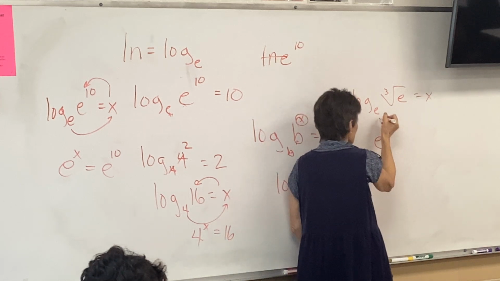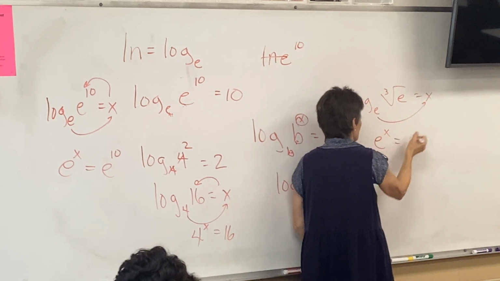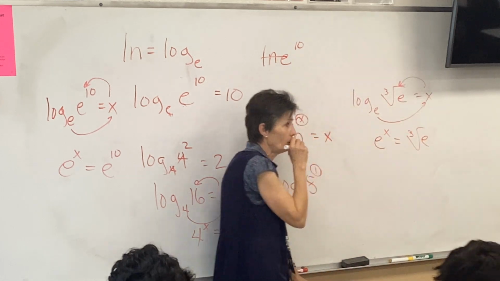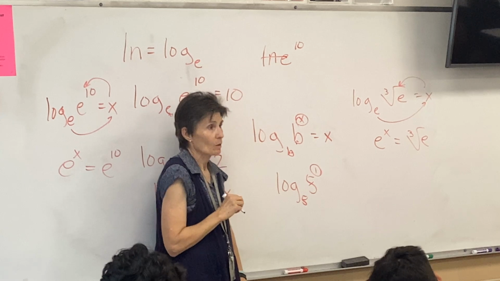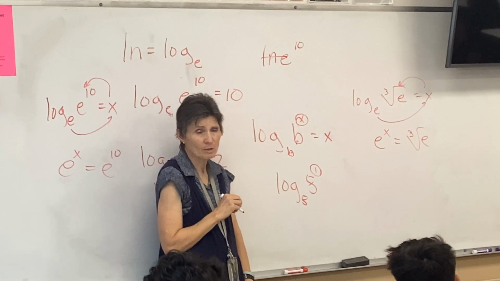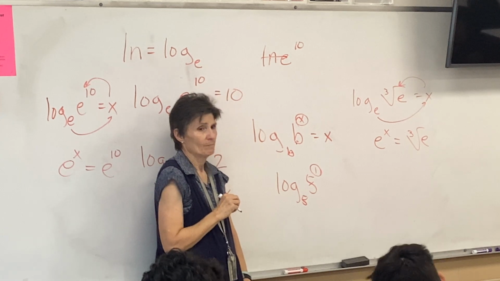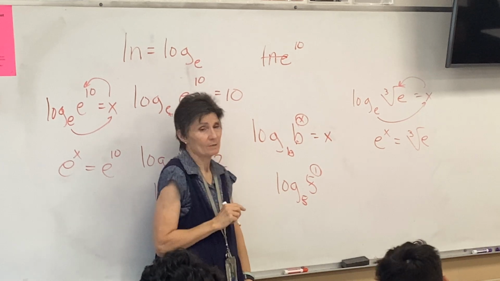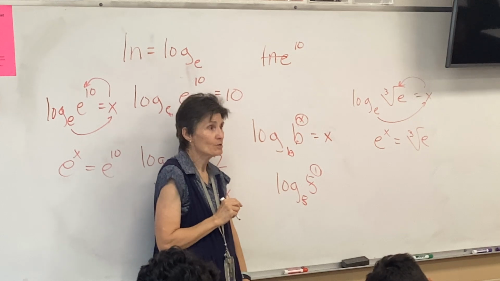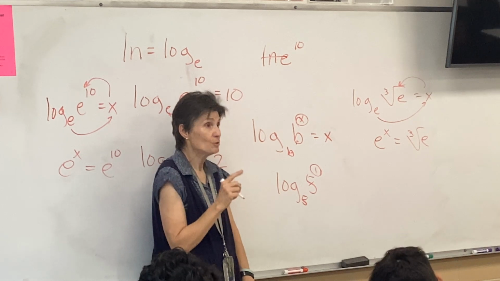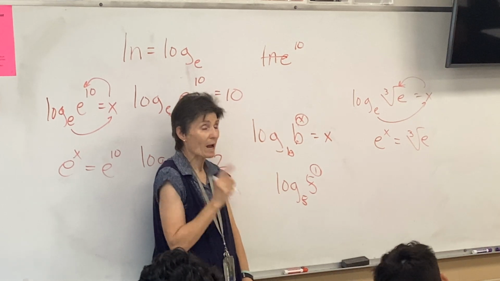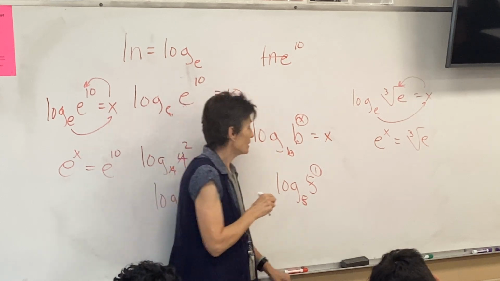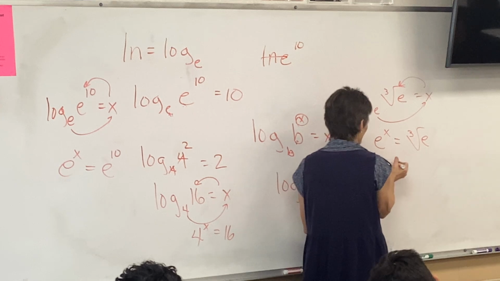So e to the x equals the cube root of e. What power is a cube root? 1/3. Remember, this is on your quiz. How do you get radicals? You have fractional exponents. So that would be 1/3.